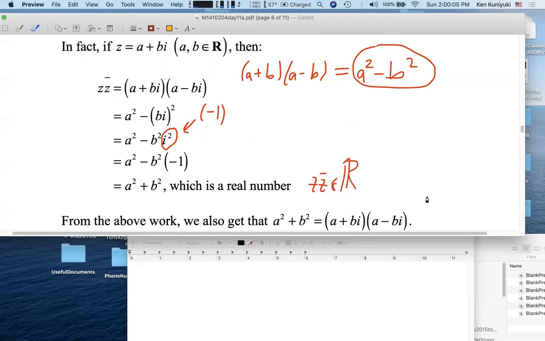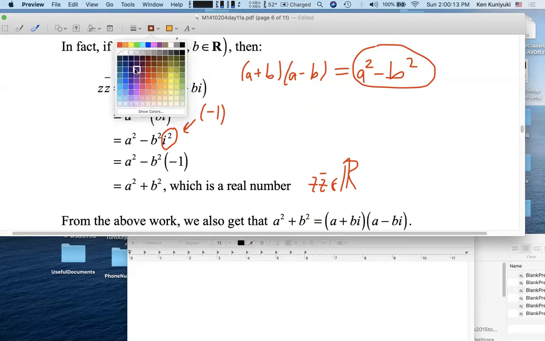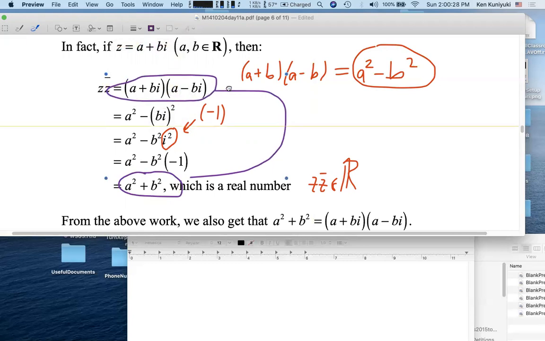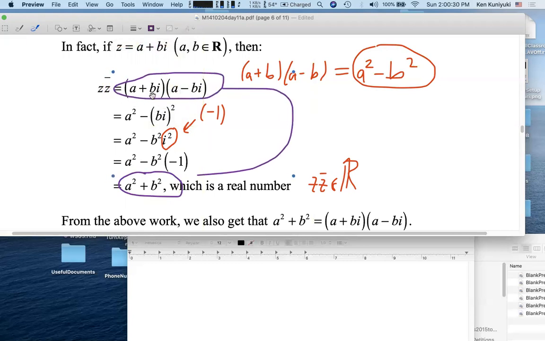And ultimately, we'll be able to realize or rationalize denominators. So notice this now. Yes, we've shown that z times z bar is a real value here, but look backwards. A squared plus b squared is equivalent to all this back here: the factor a plus bi times the factor a minus bi.